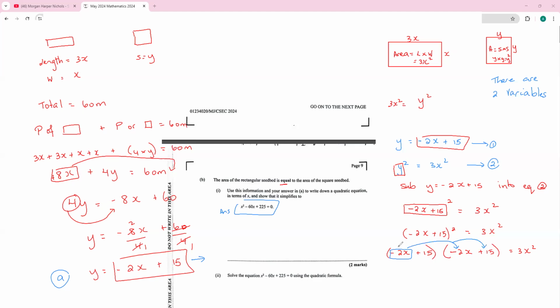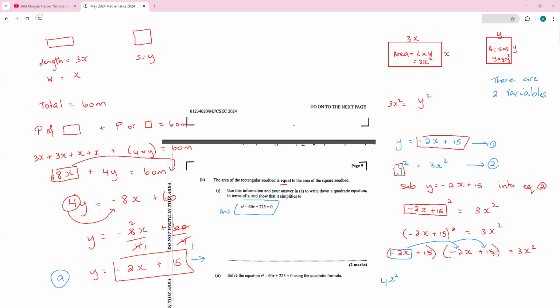So this will become negative 2x multiplied by negative 2x. x times x will be x squared. And negative 2 by negative 2, remember, you multiply like normal, so 2 2's are 4. And because we have two same signs, the answer will be positive. And then we're going to multiply negative 2x by 15.